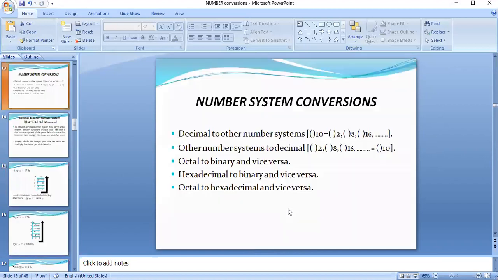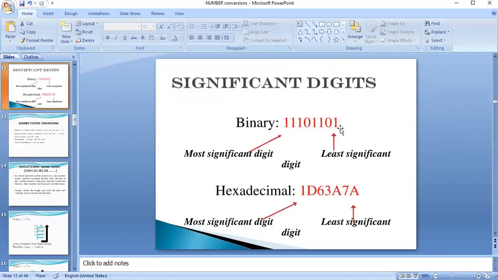So these are the basic number systems. See here, the rightmost bit is called the least significant digit position, and the leftmost bit is called the most significant digit position. Similarly, it may be binary, octal, or hexadecimal. This is a hexadecimal number.